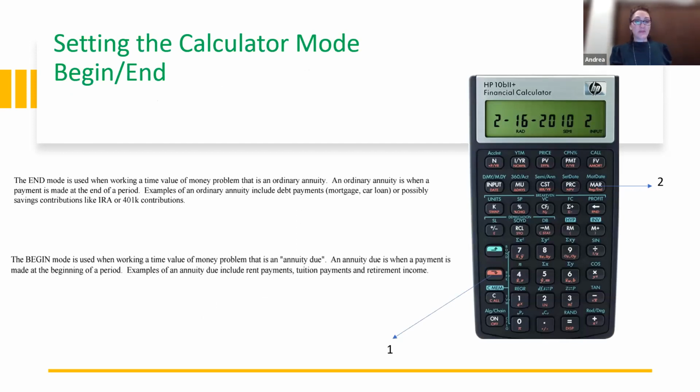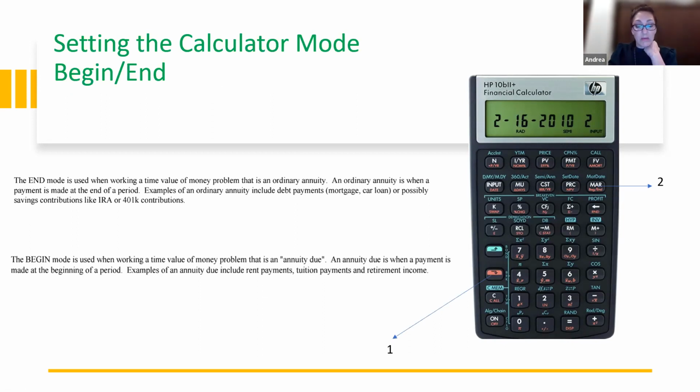Now, setting your calculator to beginning or end mode. This is also super important, because there will be questions where, if you're not paying attention to setting your calculator to either begin or end mode, you will get both answers. So let's talk about when you use the beginning and the end mode.